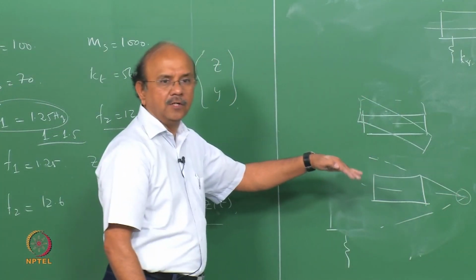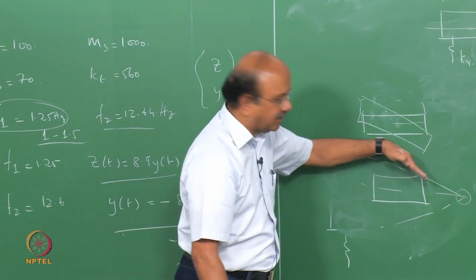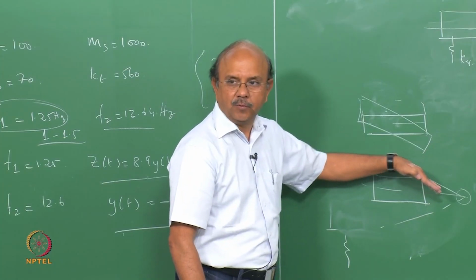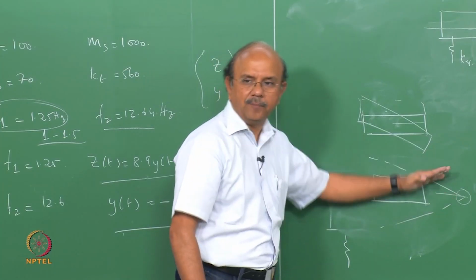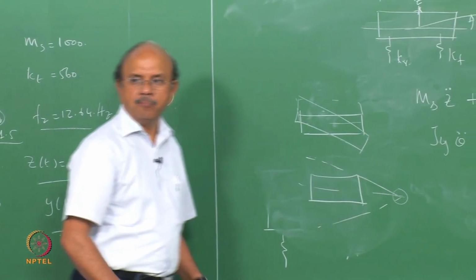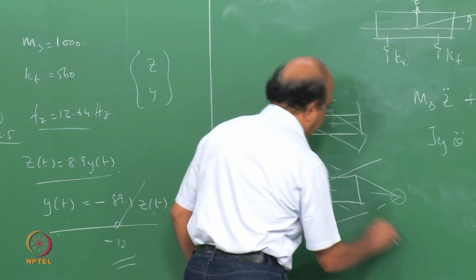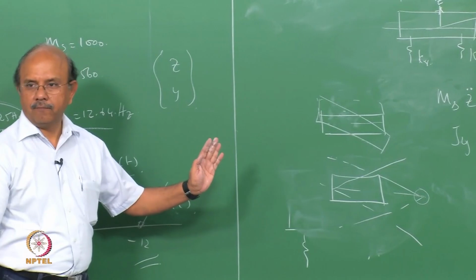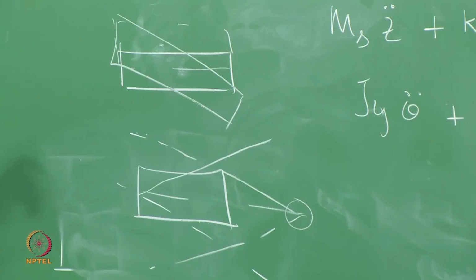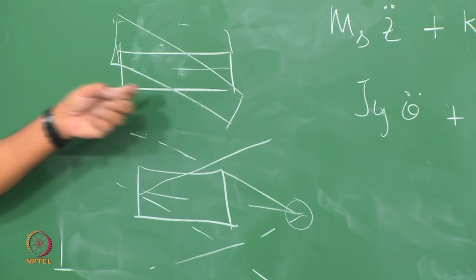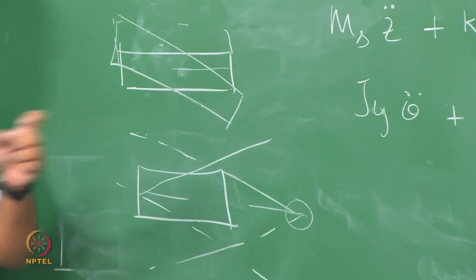So in other words, there will be a displacement, as well as a rotation, which will take it to this. So it will vibrate like this. In another mode, it will vibrate like that. So both of them are now coupled. This is uncoupled and this is coupled.